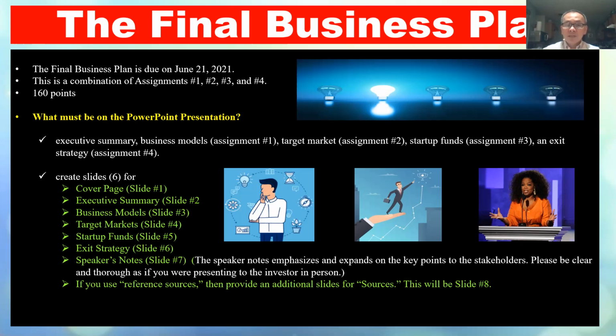So the business plan is due on June 21st, 2021. This is a combination of assignments 1, 2, 3, and number 4, and this assignment is worth 160 points. So what must be on the PowerPoint presentation?